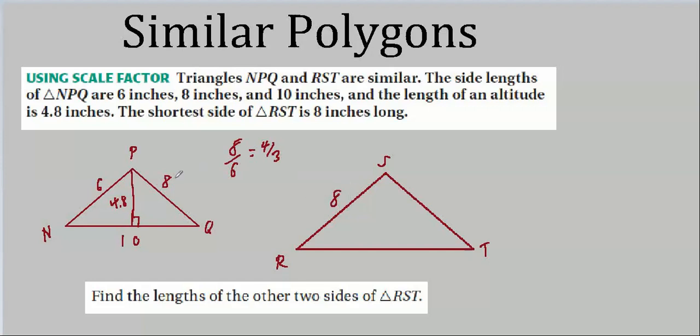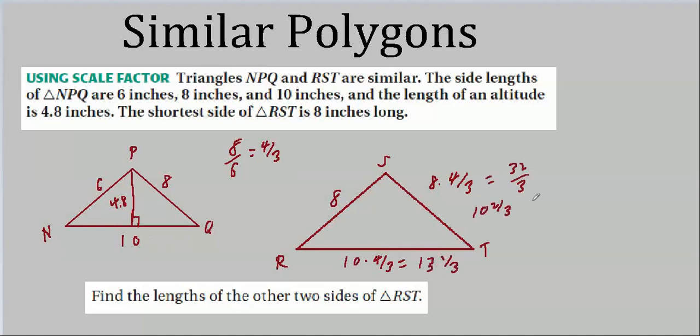In other words, 8, this side right here, is 8 times 4/3. That's your scale factor there. Here, 10 times 4/3. And that one's about 13.3, I think. I'll check that with the calculator.